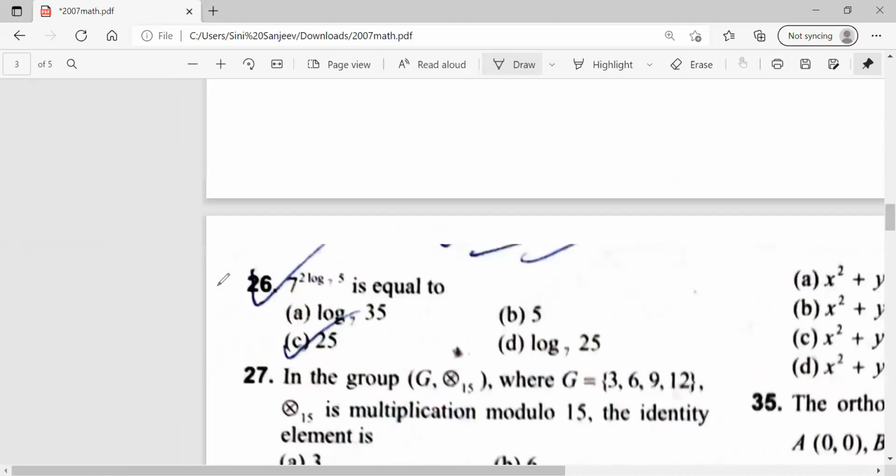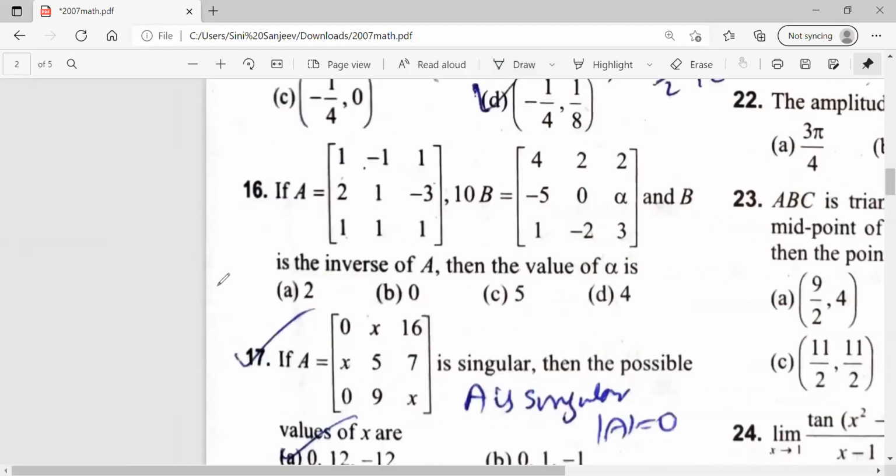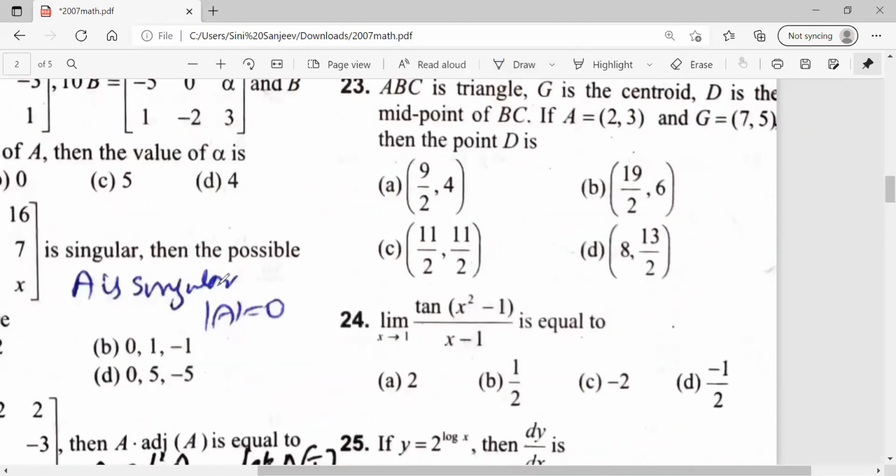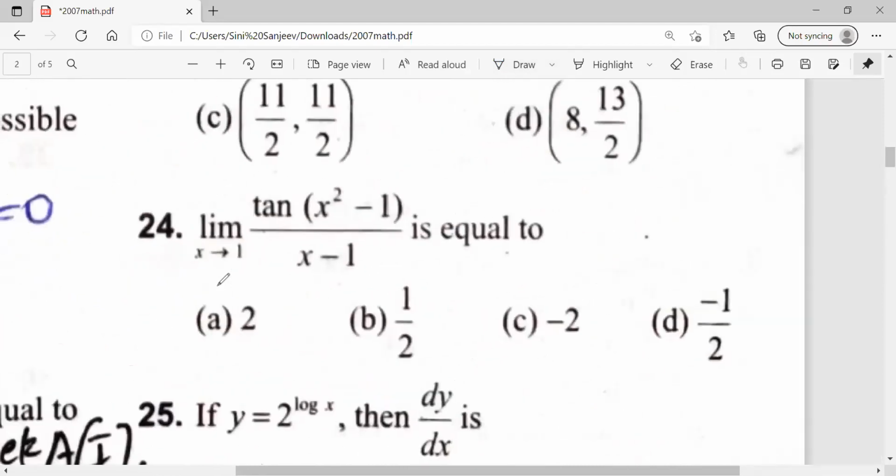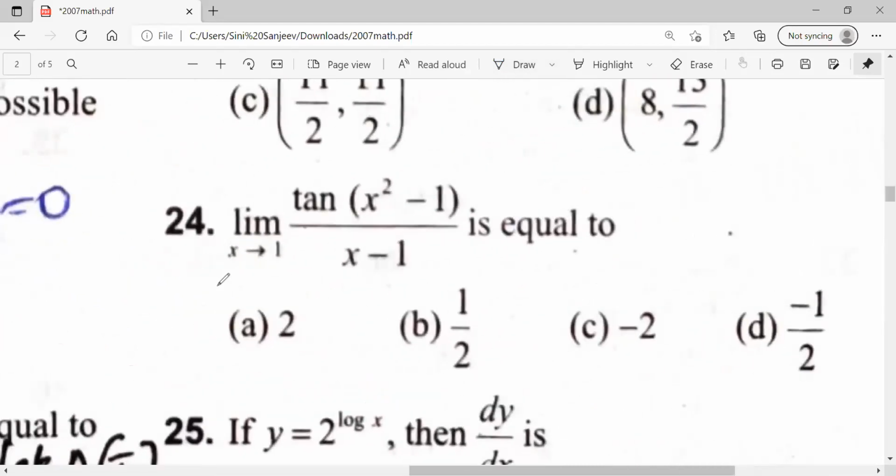Twenty-fourth question. Limit x tends to 1, tan of x square minus 1 by x minus 1 is equal to what? So apply the same method, whatever I taught you.